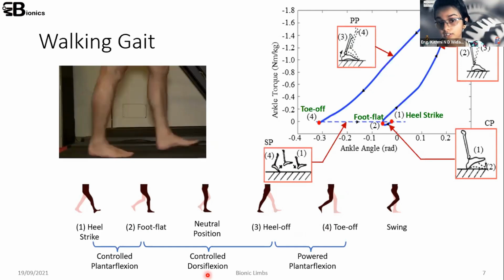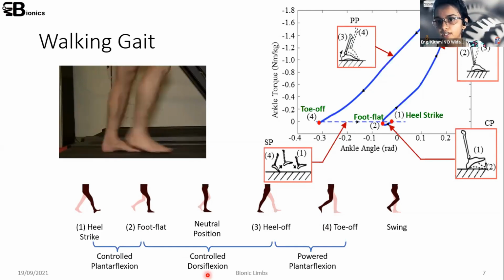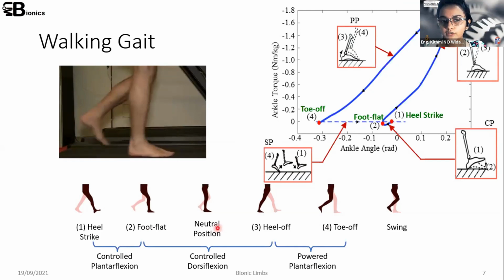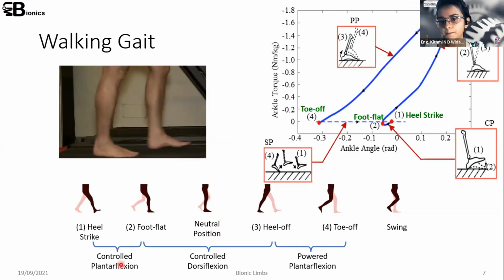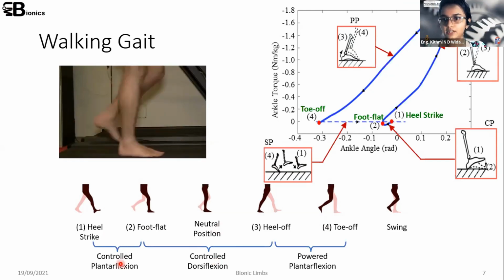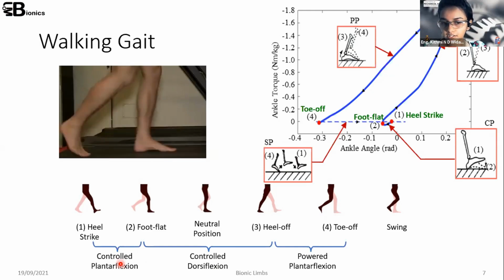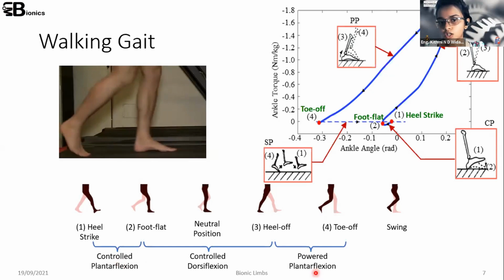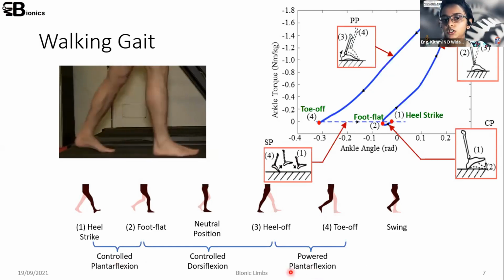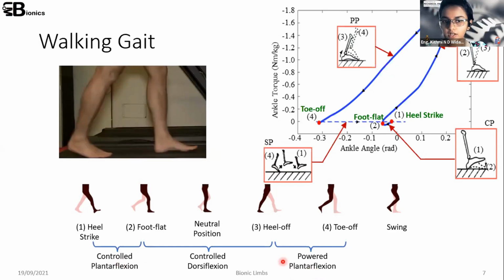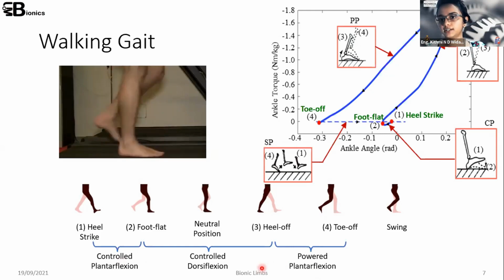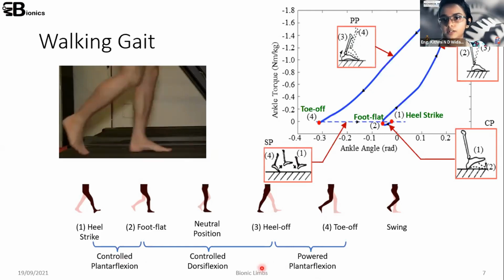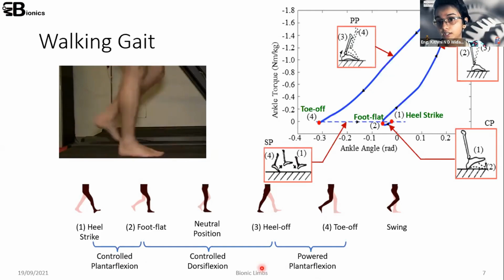So after we identified that, we realized that these 2 phases can be controlled by a passive method, like using a spring, and for this phase we need an external power source. So we decided to use a hybrid mechanism where part of the working cycle is passively controlled and the other part is actively controlled.